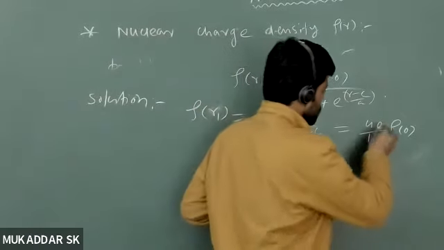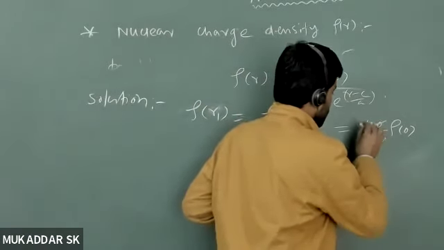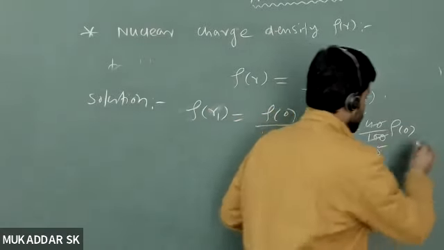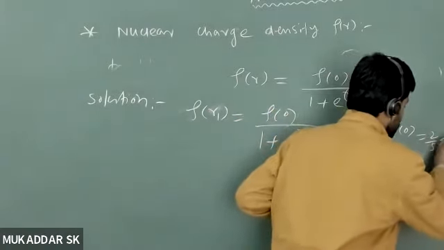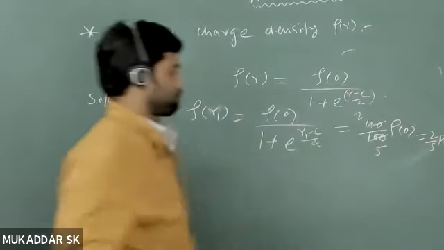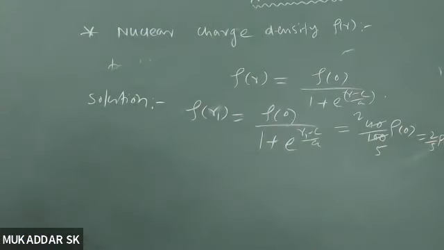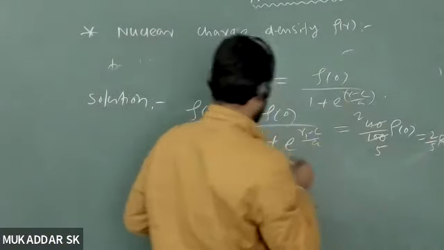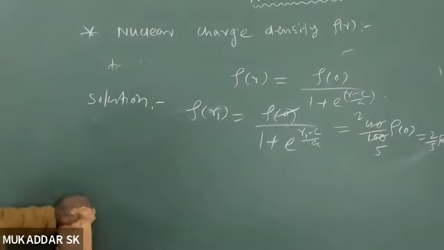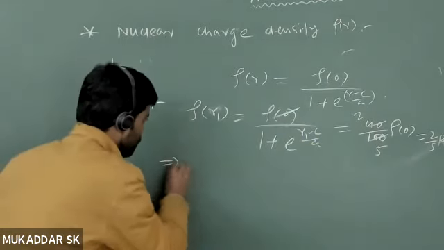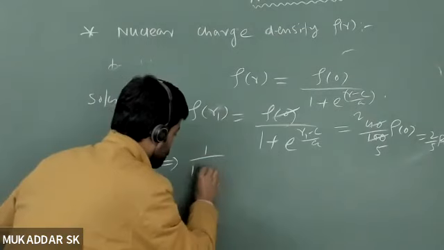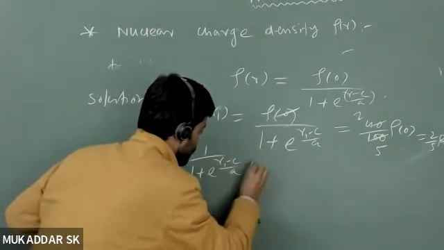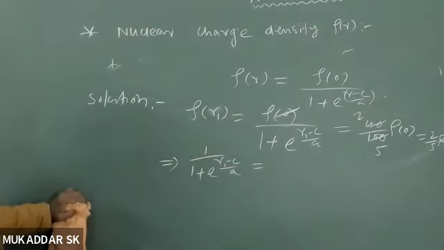If I cancel with 20, it becomes 2 by 5 rho naught. So I can cancel this rho naught with that rho naught. At the end, I'll get 1 by 1 plus exponential r1 minus c by a, and that should be equal to how much? How much will this come to?